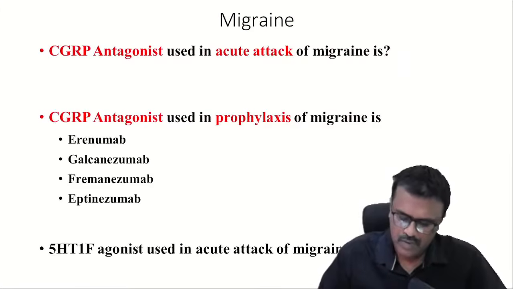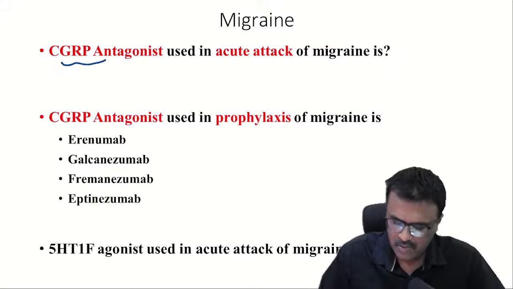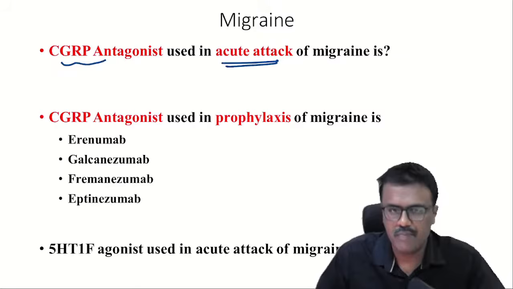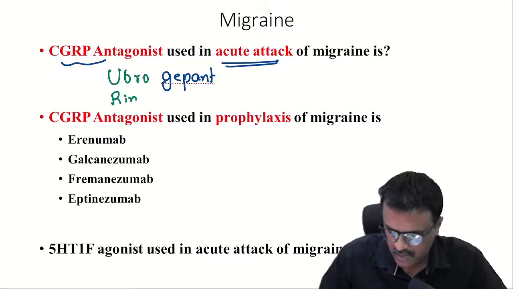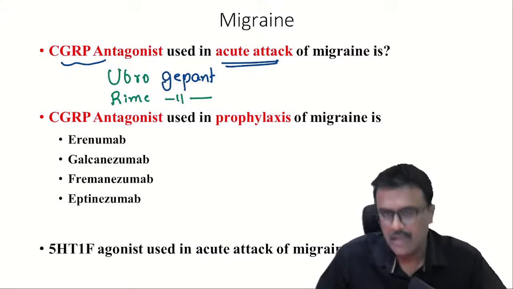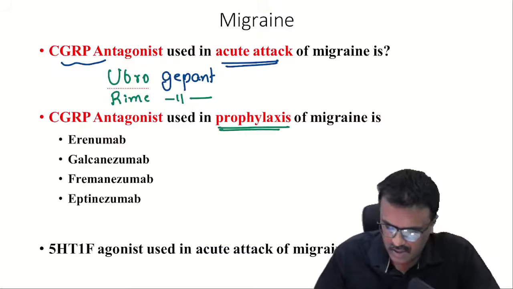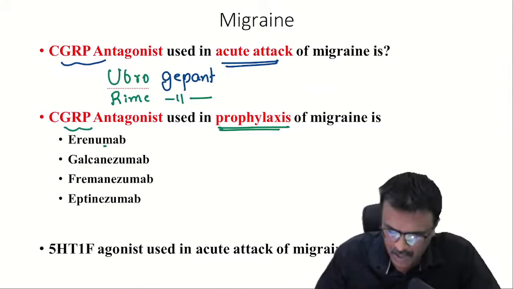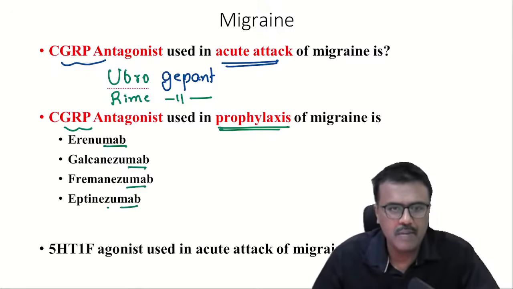Now coming to newer updates in migraine, because migraine is very common. CGRP antagonists used for acute attack of migraine end with gepant. The names are ubrogepant, rimegepant. So anything ending with gepant, they are for attack of migraine. What is prophylaxis of migraine? They are also CGRP antagonists, but they end with mab: erenumab, galcanezumab, fremanezumab, eptinezumab.